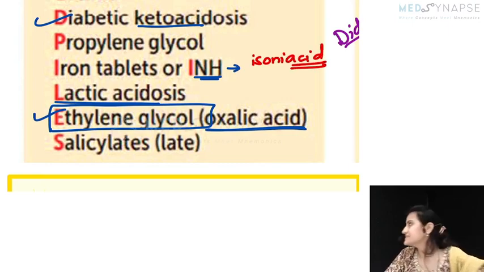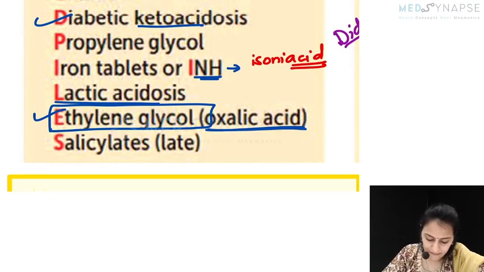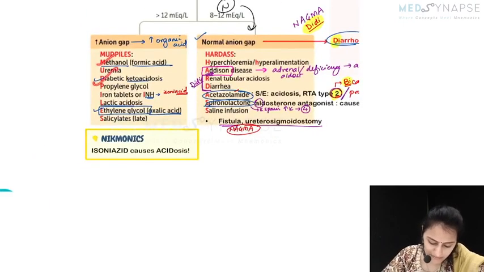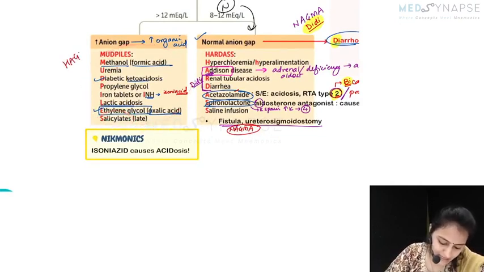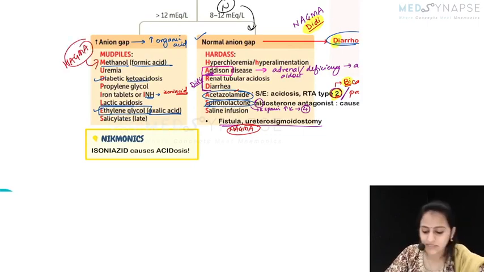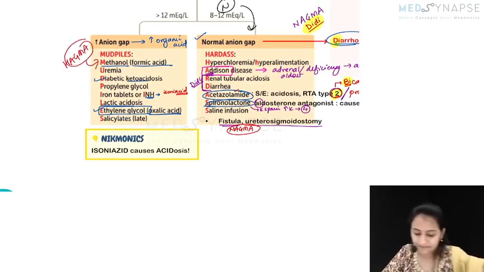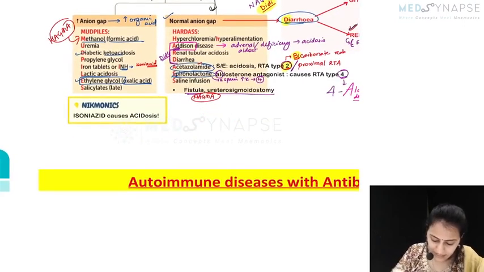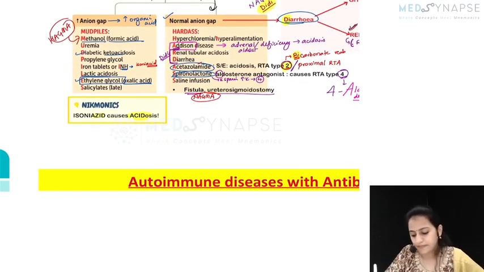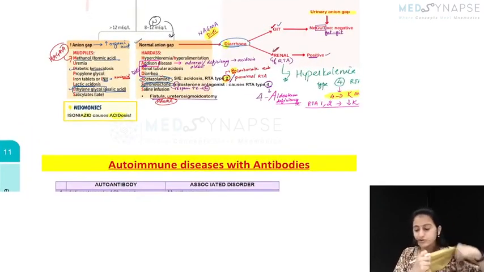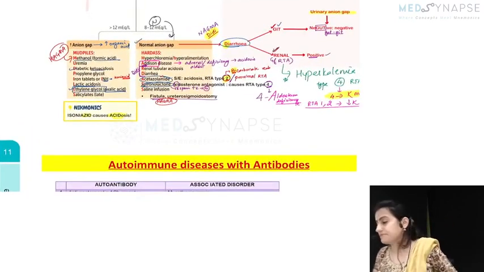It causes acidosis. So ethylene glycol, propylene glycol, methanol, diabetic ketoacidosis, salicylic acid, all of these are causes of high anion gap. You don't have to mug up the causes, you need to understand the concept. Okay, isoniazid causes acidosis. Whether it is organic acid, it is high anion gap.